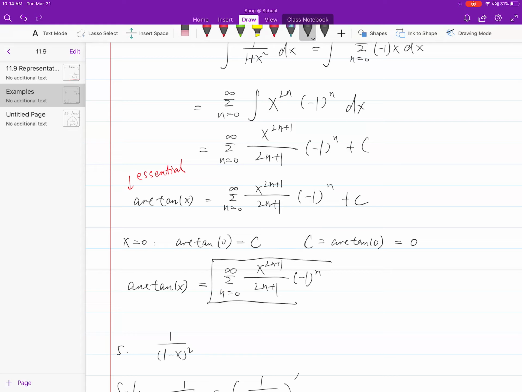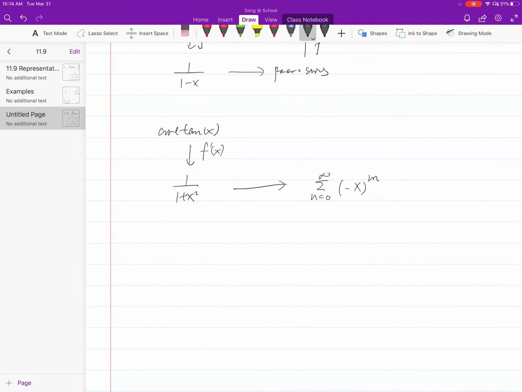Which should be, okay. Okay, so I do have this one. Let me correct it. I have negative 1 to the n, x to the 2n. Now I take the integral. I got some cool. Okay.